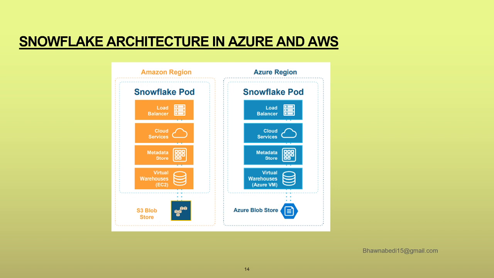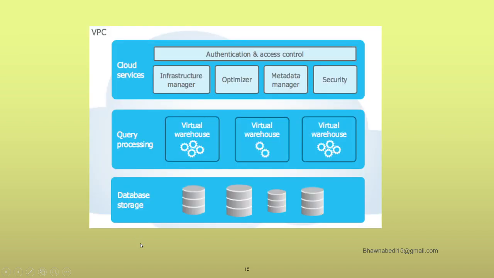Similarly, on the Amazon side, you have the load balancer, which is common, the cloud services, and the meta store. Here the virtual warehouses become EC2 instances. In case of Azure, it is Azure VM, and in case of Amazon, it is EC2 instances. And then of course you have your S3 storage in case of AWS.